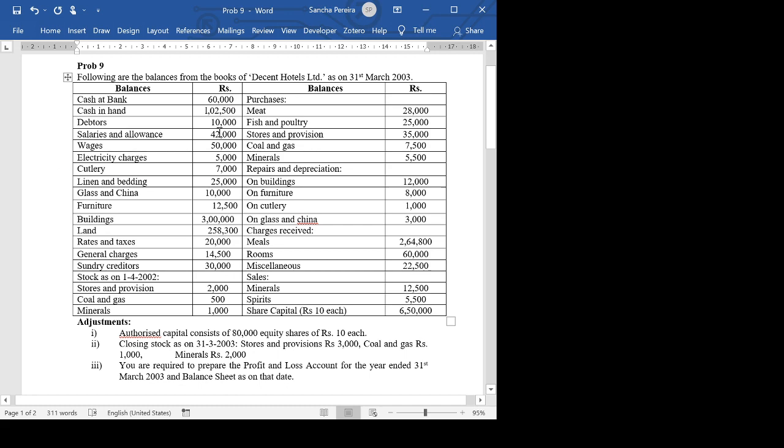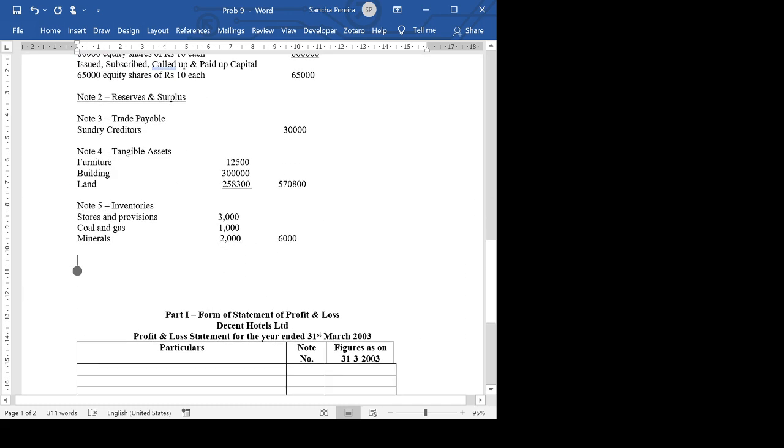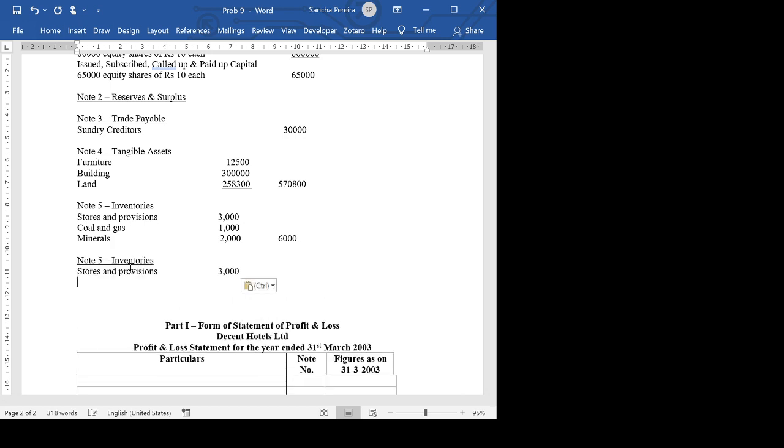Yeah, we have debtors of 10,000. Trade receivables, debtors are 10,000.